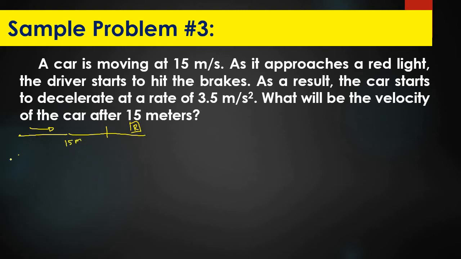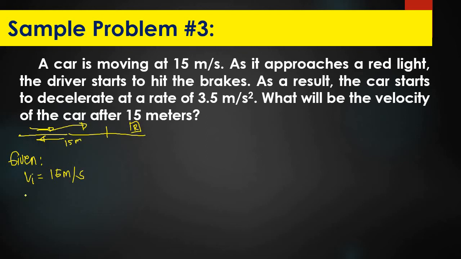Let's list down the given quantities. Our initial velocity is equal to 15 meters per second. As it approaches the red light, deceleration of 3.5 meters per second squared. So we have a negative acceleration. Negative because it's opposite the direction of the motion, your acceleration is going backward to stop, to reduce the velocity.